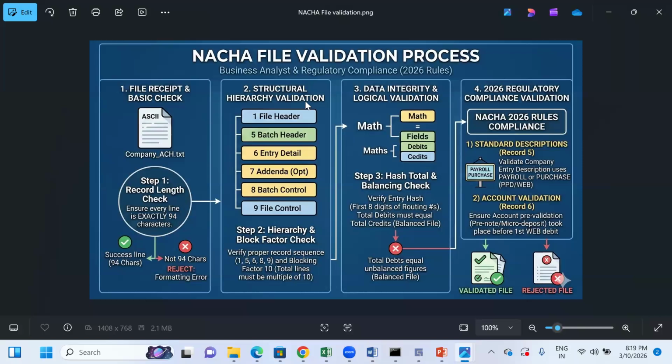Hash type records must match the sum of routing numbers in detail records. This is one more.